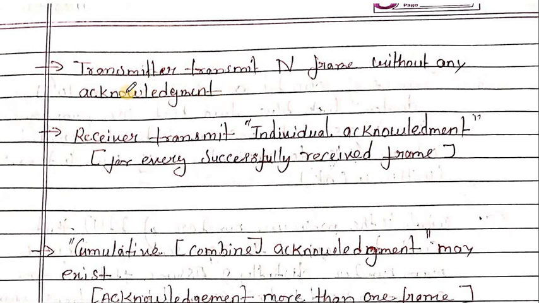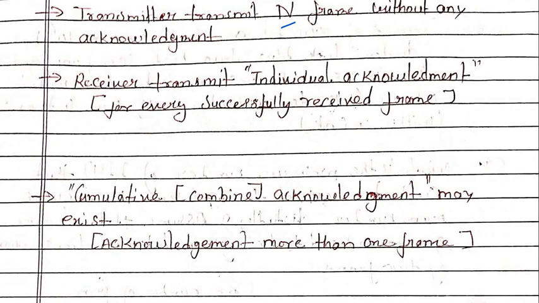Here is the conclusion. First, the transmitter transmits n frames without any acknowledgement, in a continuous manner, as per the window size. Second, the receiver transmits an individual acknowledgement on every successfully received frame.